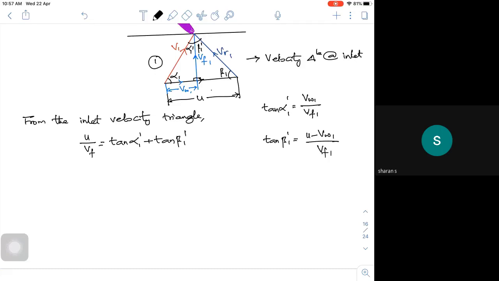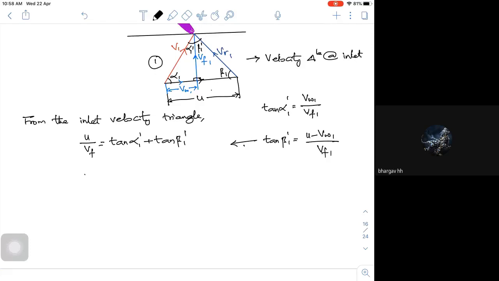Just add these and VW1 cancels out, and you will end up with this particular formula. It's not a big derivation. I'm using it because I need to calculate the corresponding VF.